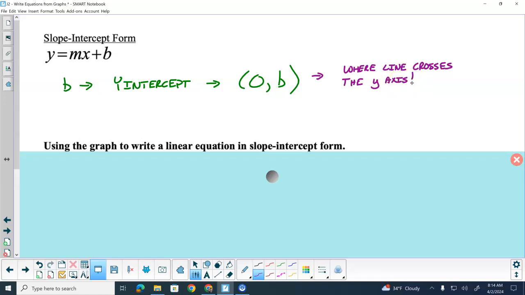And that value is going to be your b. Okay, so that's the same thing we did before. We graphed our b before, now we're going to find our b first. Okay? Then we're going to use the slope.